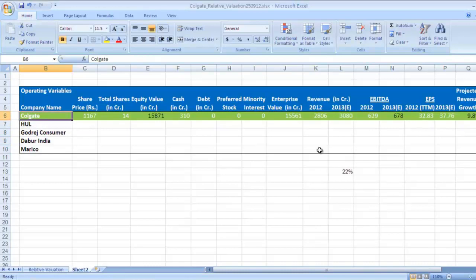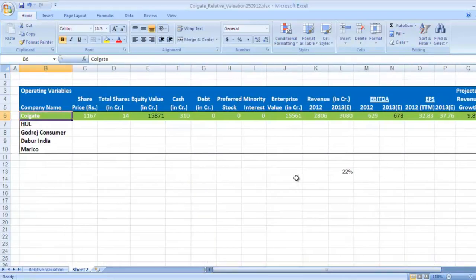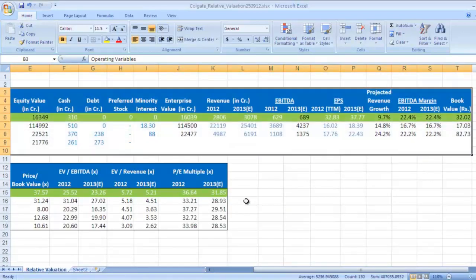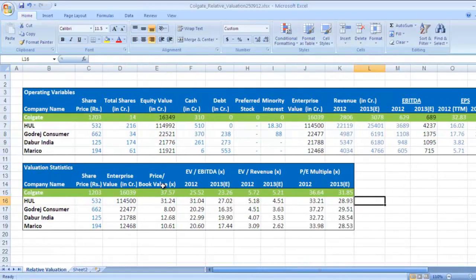This is the data collection part. After collecting data from different websites for these peers, this data will look like this. I've already collected this data from different websites.